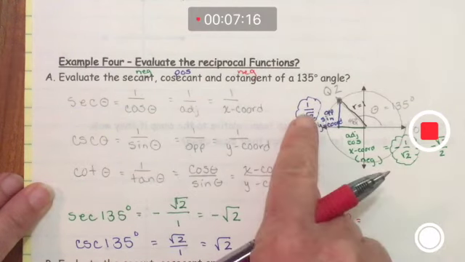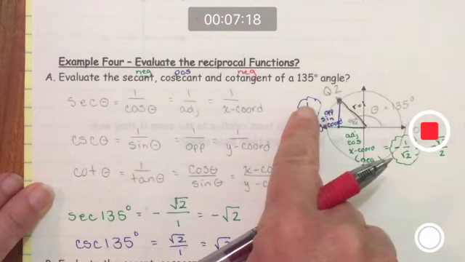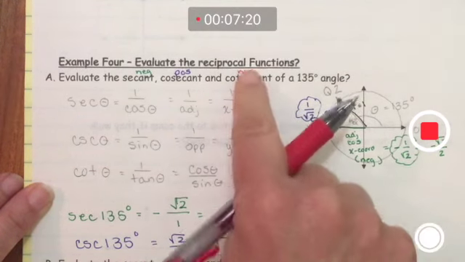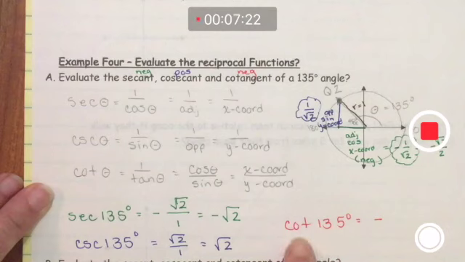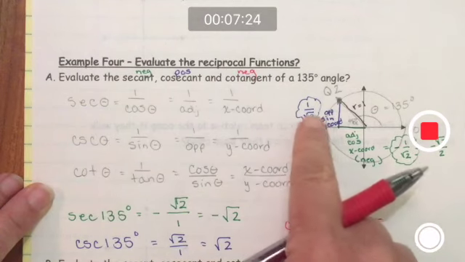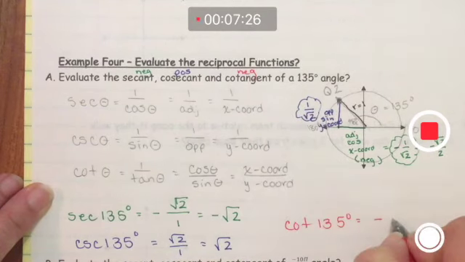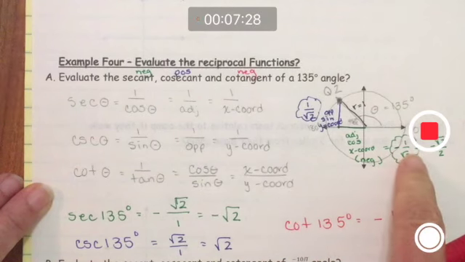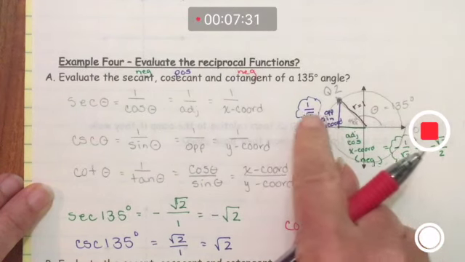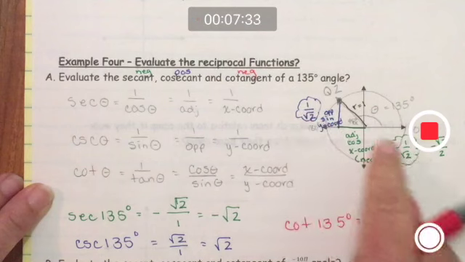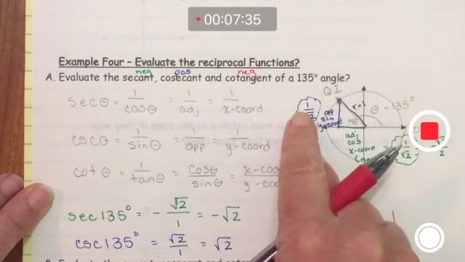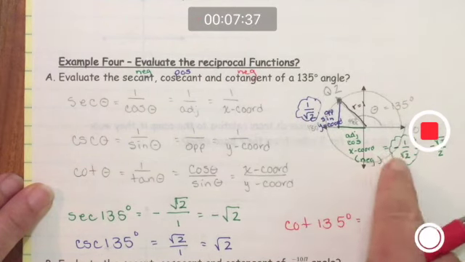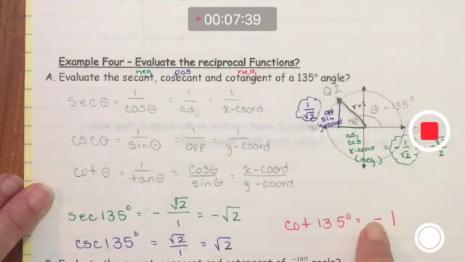These are the same value, only negative over positive, so it's a negative, right? We already determined it's a negative cotangent. Anything divided by itself is going to be 1. Because my cosine and my sine had the same number, when you divide a number by itself, it's going to give you a 1. Negative divided by positive is negative.